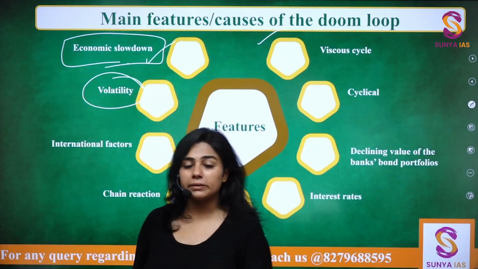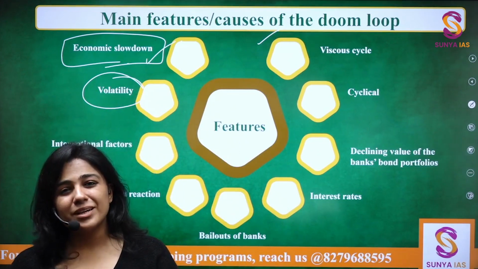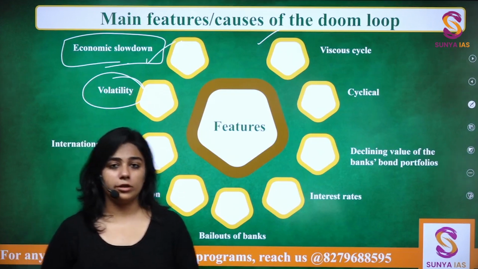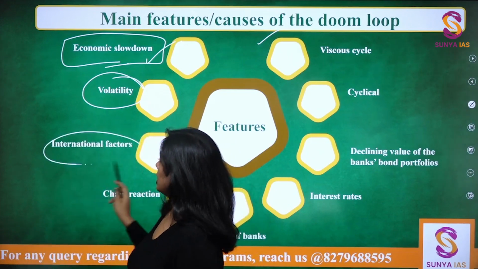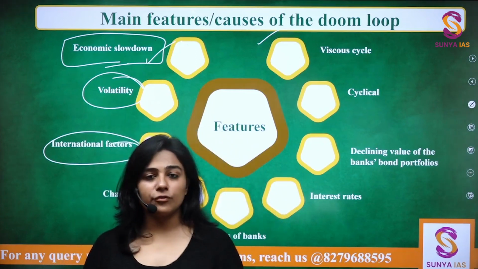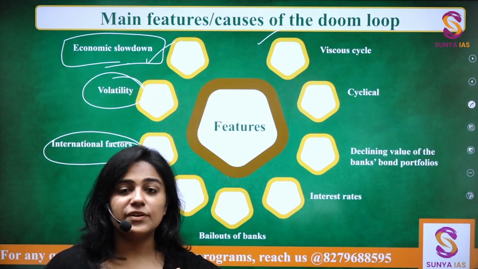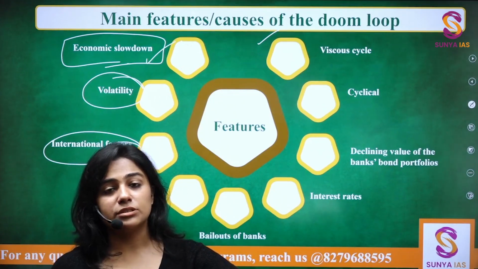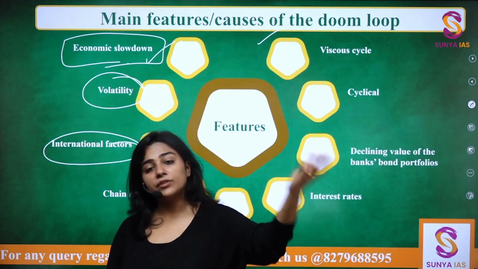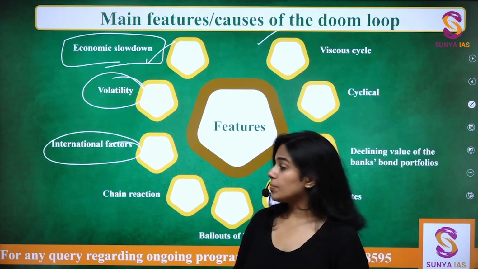You cannot predict. Institutions like the RBI also will not be able to predict how growth is going to go forward. Then there are international factors, like I just told you. If the US Federal Reserve increases its interest rates by a very large margin, then our investments will definitely go there, and within India it might start a doom loop.